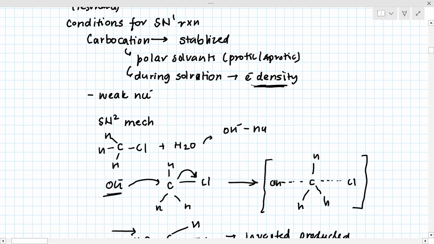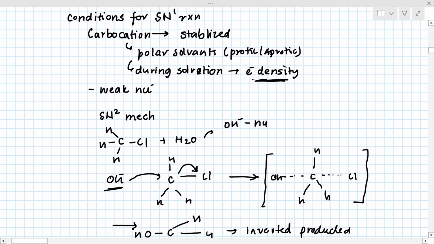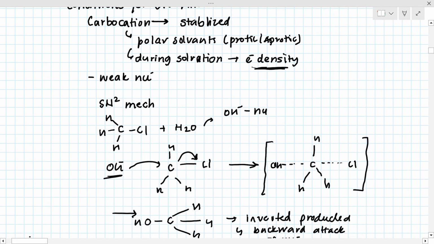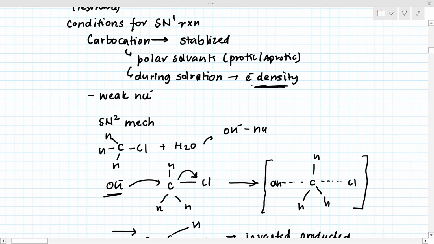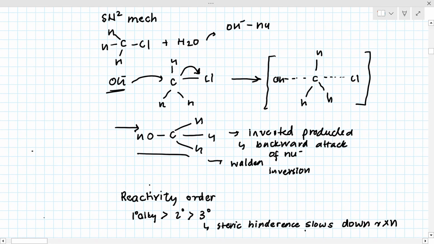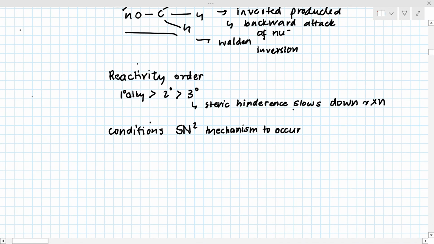So carbocation stabilization is more important. This whole SN1 mechanism takes place in polar solvents to increase the electron density during solvation, which in turn stabilizes the carbocation. So for the SN2 mechanism, what are the conditions similarly?